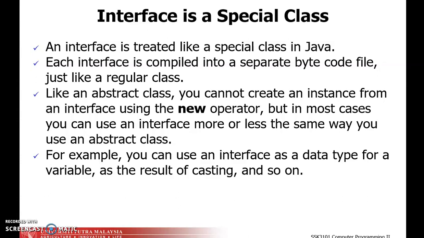Each interface is compiled into a separate bytecode file, which will be used and referred to by a program later during its execution. An interface also does not allow you to construct any new instance using the new operator, but you may use an interface as a data type for a variable, or as the result of casting.